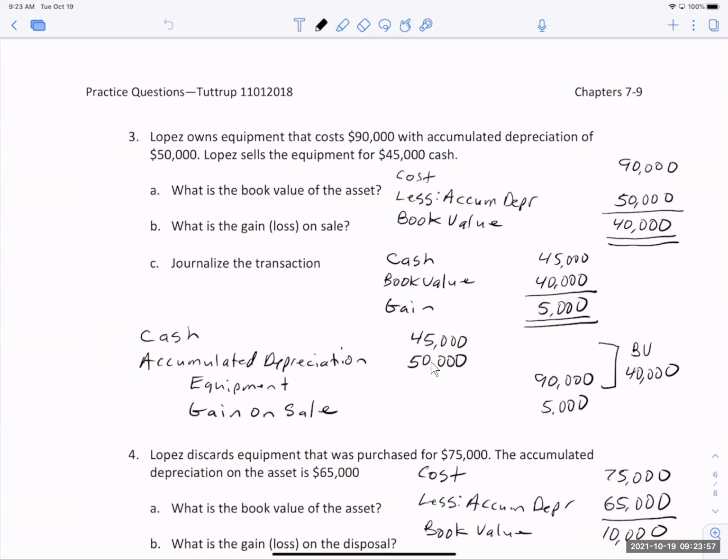Now, notice here that if we net the two, the $90,000 of equipment less the accumulated depreciation of $50,000, this is where we have our book value of $40,000. So we are giving up $40,000, but yet we are receiving cash of $45,000. That means we made a gain on sale of $5,000. Okay, so that's how that works.